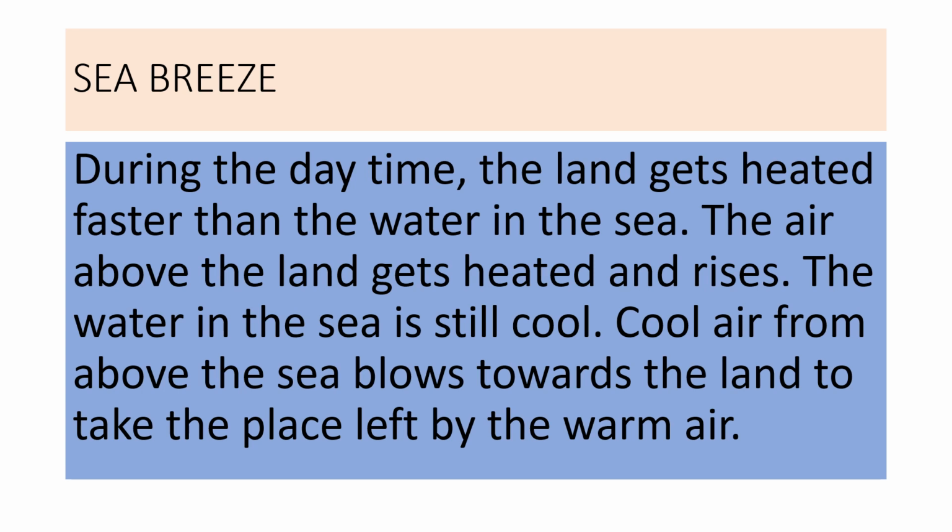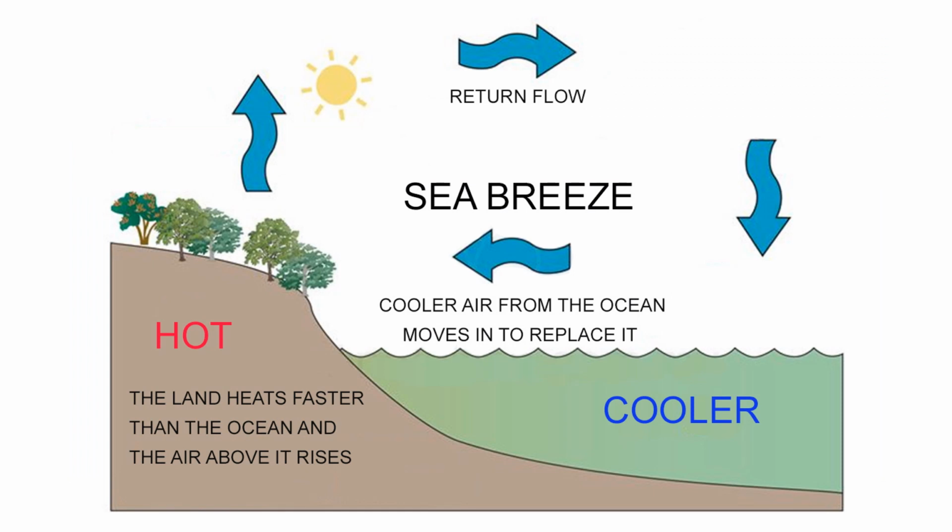Cool air from above the sea blows towards the land to take the place left by the warm air. This is called sea breeze. Children, here in the diagram you can see how sea breeze forms.